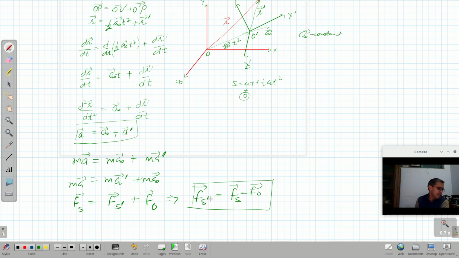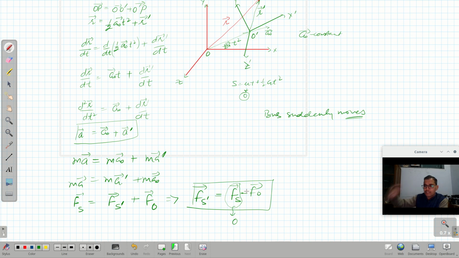So let us try to relate it with our example which we have discussed here. Say the bus suddenly moves, the bus is initially at rest. If initially at rest, then what will happen? This F will be 0.